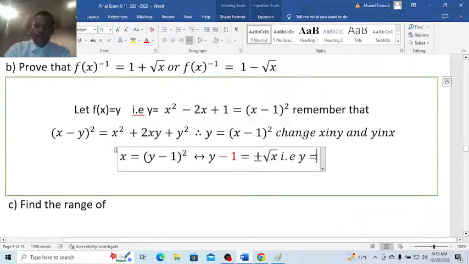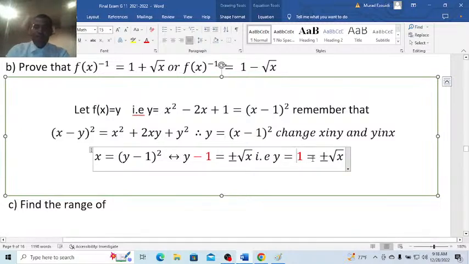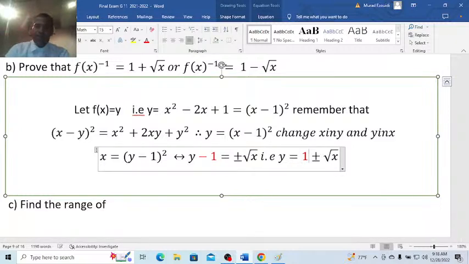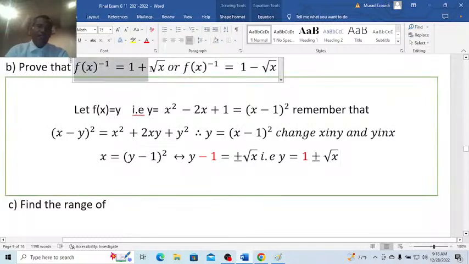Now y is equal to, minus 1 becomes positive 1, plus or minus root of x. Therefore I can write f minus 1 of x is equal to this or that.